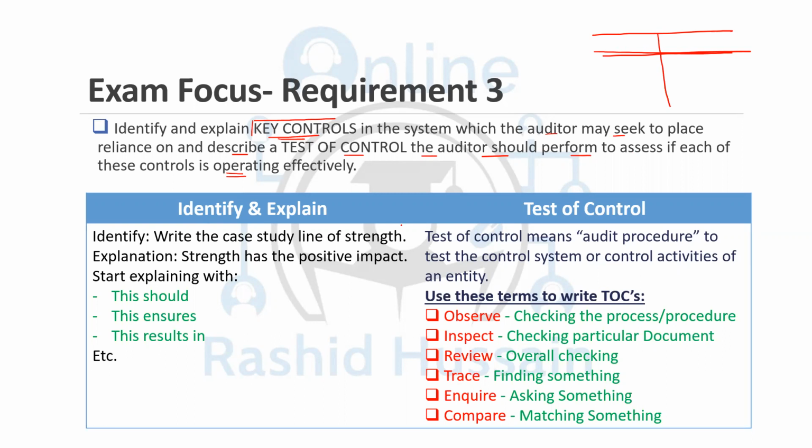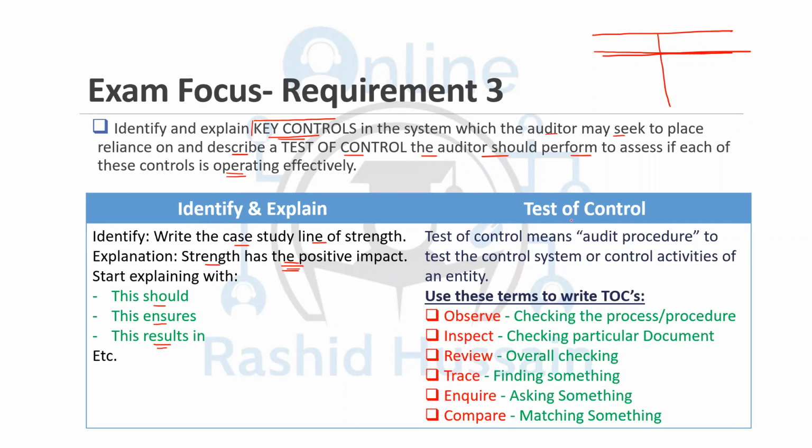So identify and explain key controls in the system. Key controls means the strengths. Identify means write the case study line of the strength. And explain means the strength has a positive impact, so you need to explain the impact of that strength, again starting with "this should," "this ensures," "this results in," "this will make sure," whatever. It's up to you how you start those lines.